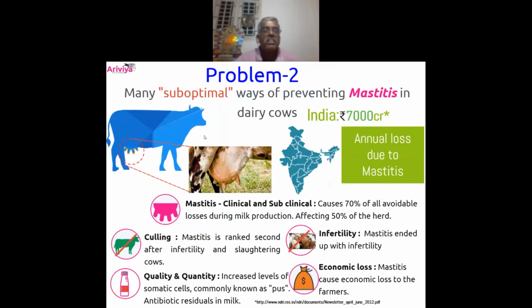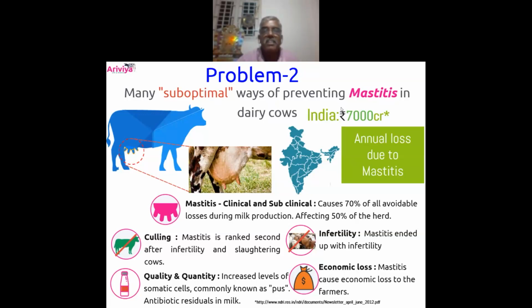The next one is the product for udder care. Udder care means mastitis, one of the issues that comes in the udder. Mastitis is due to environmental bacteria. After milking, the bacteria invade towards the teat and infect the udder.